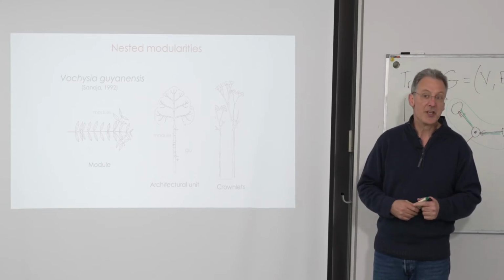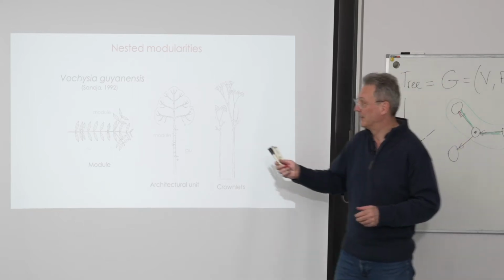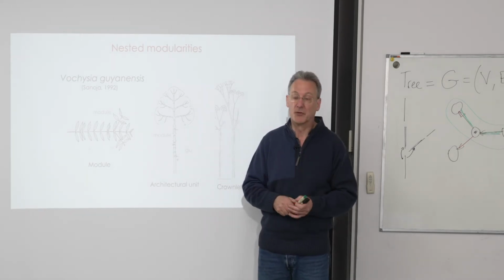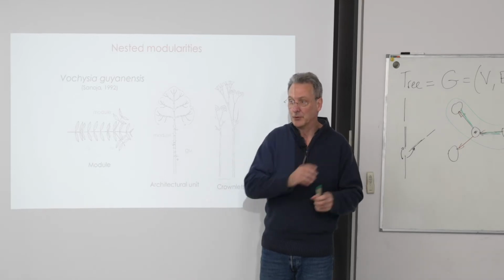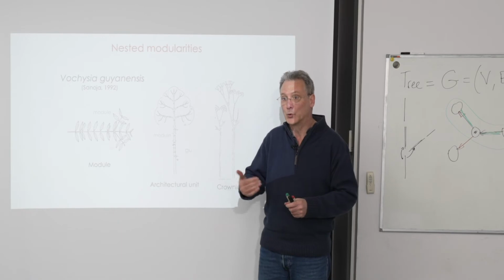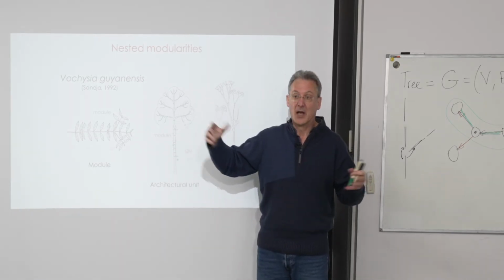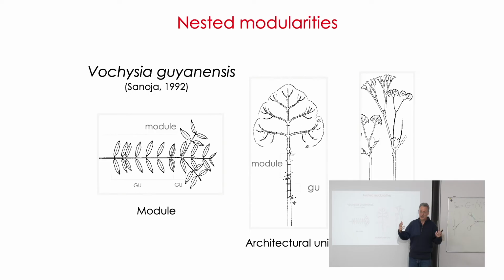If you want to represent general plants, you need a bit more general notion because it may be that more than one modularity exists on a plant. For instance, you want to decompose the plant in internodes, to chop the plant into internodes. You may also want at the same time to represent the plant at the level of axes and maybe at the level of growth units, because you don't use the same information at the different levels.